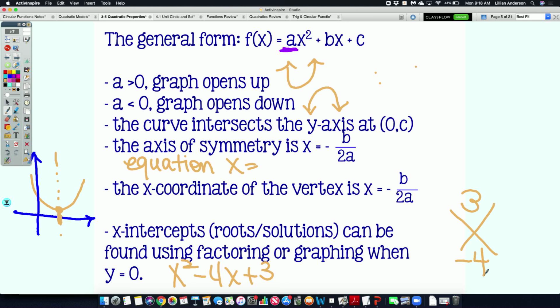What are those numbers? Okay, so this factored would be x minus 1 and x minus 3. To find the actual x-intercepts, that can be found by using factoring when y is equal to 0. Considering this would have been f of x equals this function, then you would set this equal to 0, and then you set both factors equal to 0. Okay?